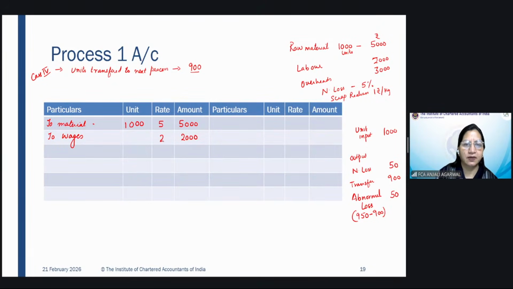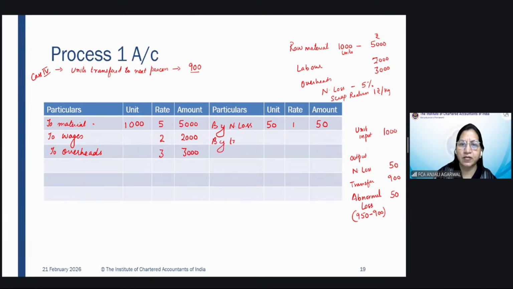So you can calculate the rate at 2. Overheads, 3,000. You can calculate the rate at 3. By normal loss, 50 units at the rate of 1 would realize 50 rupees.